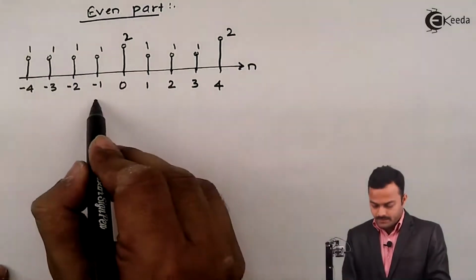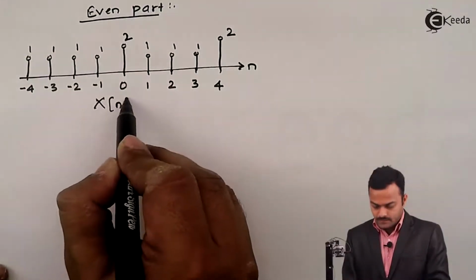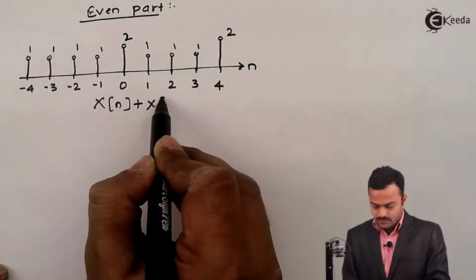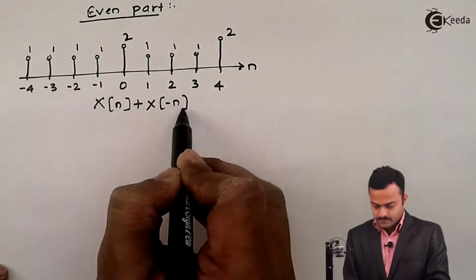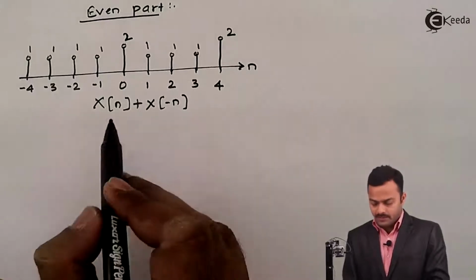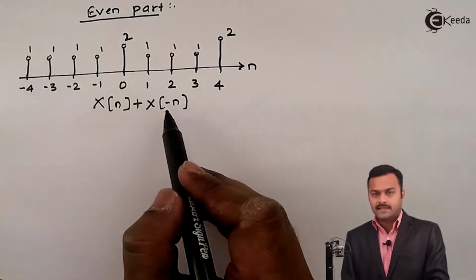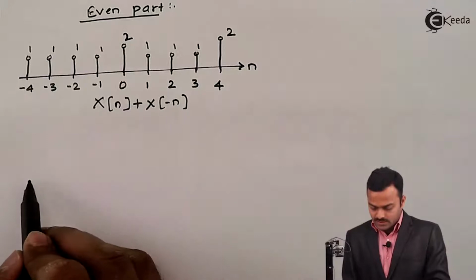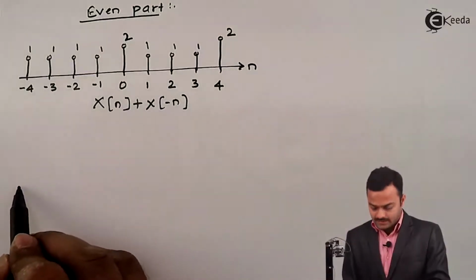So what we obtain is x of n plus x of minus n, and the even part will be x of n plus x of minus n divided by 2. So we just need to do the amplitude scaling.